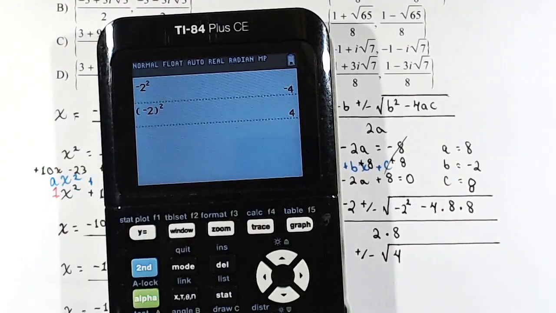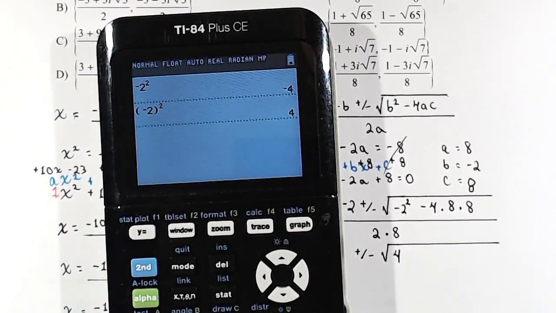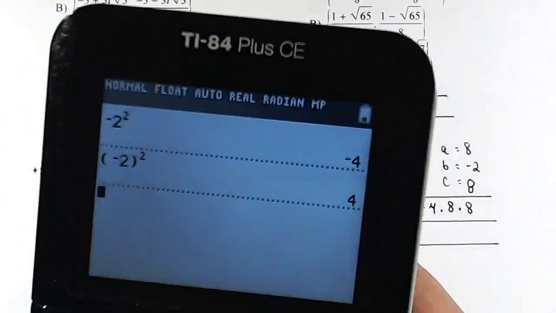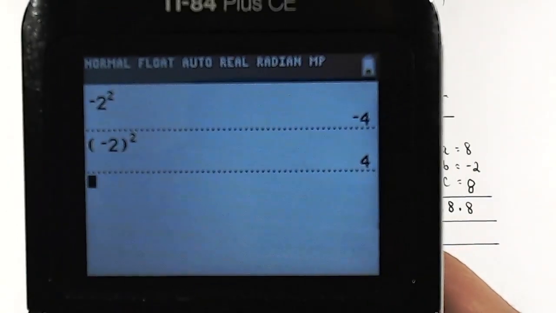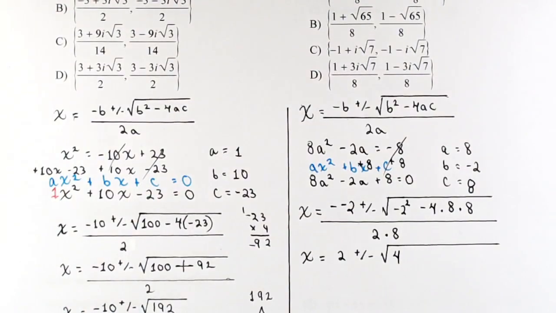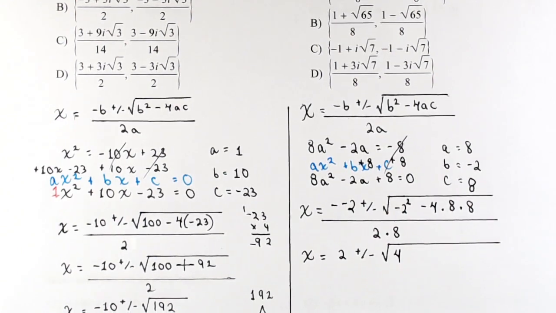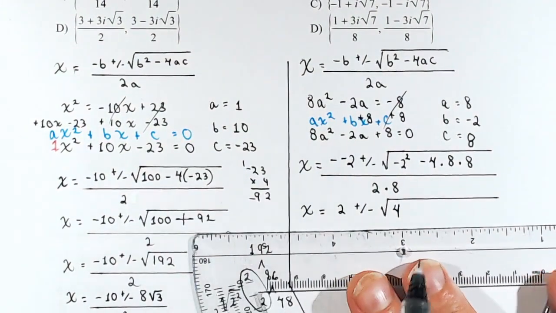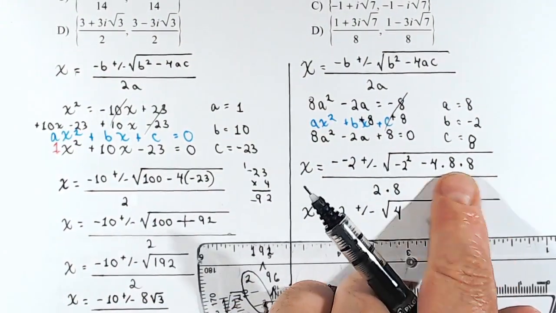So this is a snake in the grass, all right? The calculator has a hard time understanding what you're telling it to do, so you need to be smart and do it by hand, because you'll know there's no possible way that multiplying two negative numbers together could equal a negative number. So be careful with that. So that's 4. Now we can just multiply all this together.